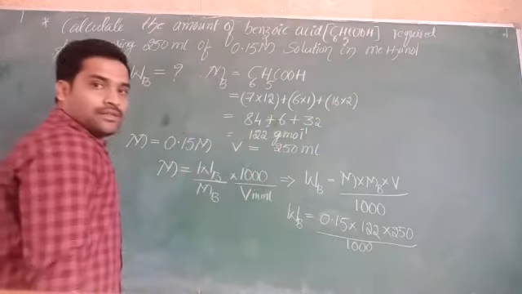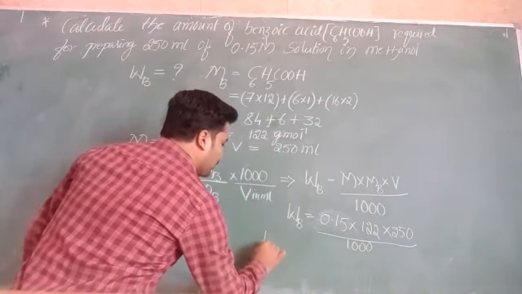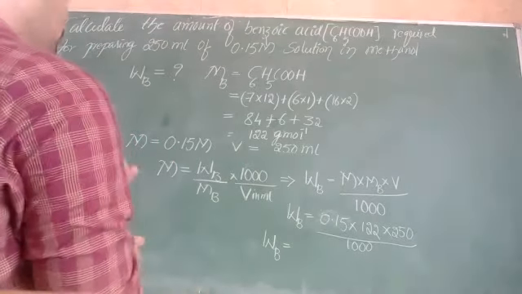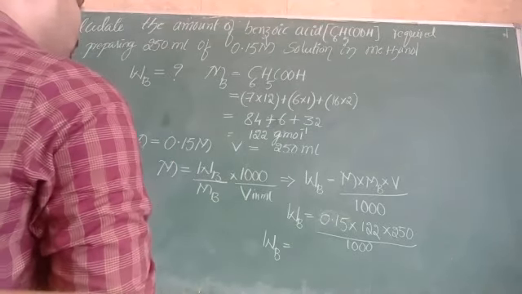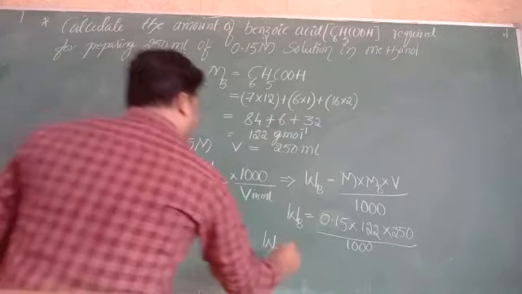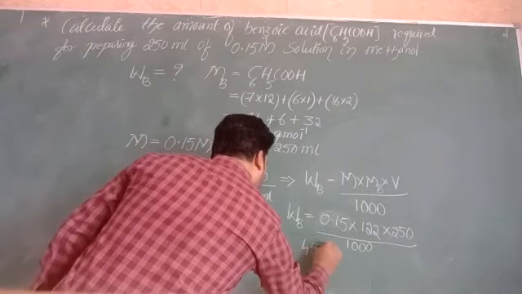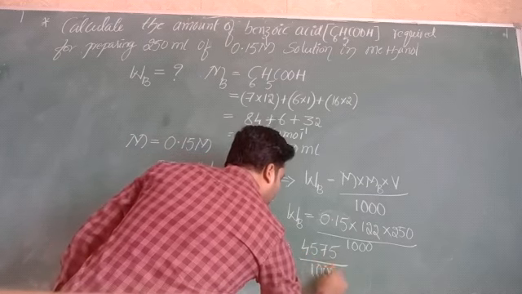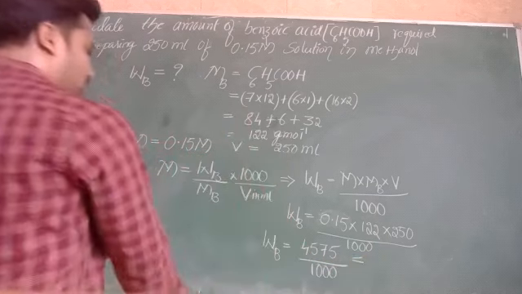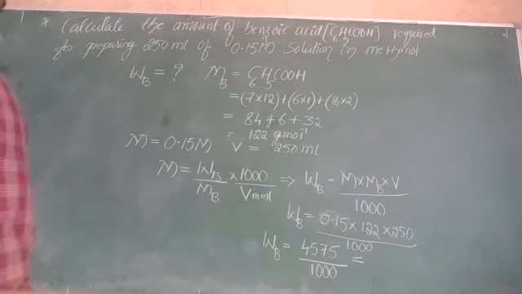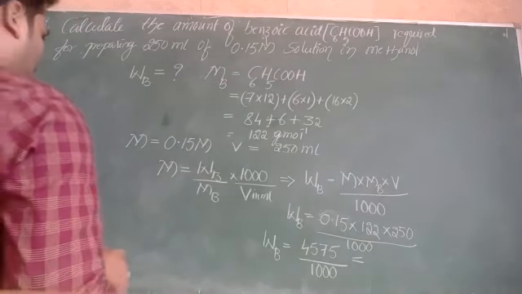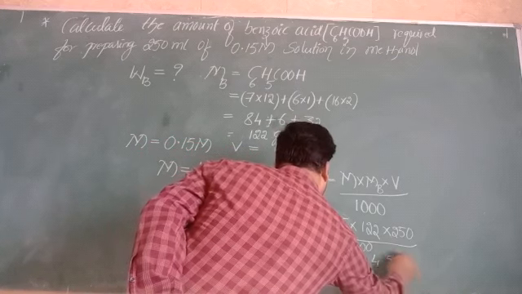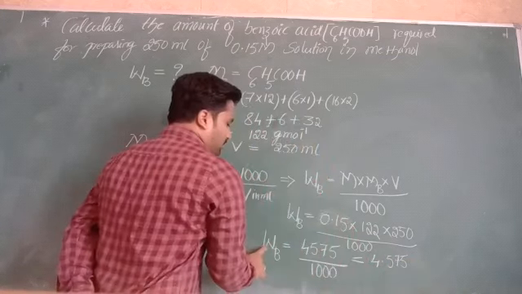Okay, so now WB is equal to 0.15 into 122 into 250, it is 4575 divided by 1000. So 4575 divided by 1000 gives 4.575, the mass of solute.